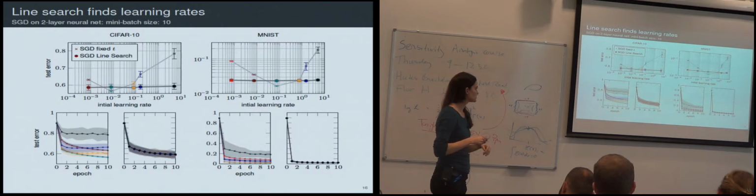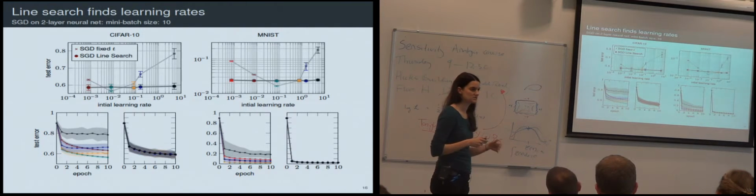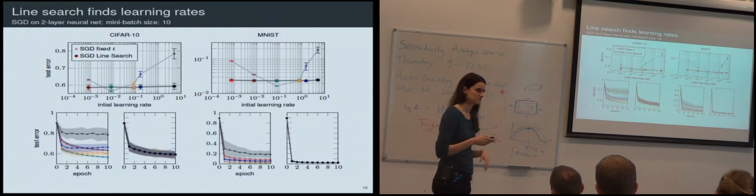The left plot is always for the fixed learning rates, so the performance has a high variety. For the line search, it doesn't matter how you initialize it, it always gives you the same. The error bars are over multiple runs with different initializations.